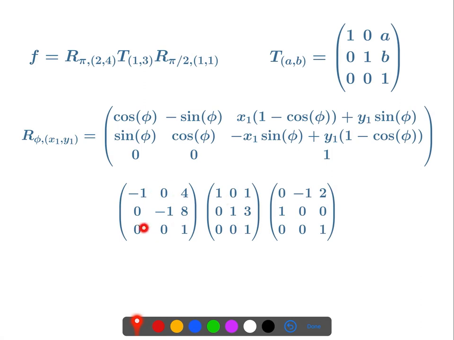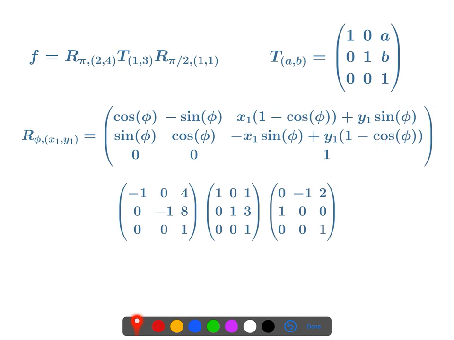The third and final matrix for this product is R sub pi of 2, 4 here, and so we're going to plug in pi. Cosine of pi is -1, so we have -1s here. Sine is 0, so we have 0s here. Of course, we have 0, 0, 1 like usual. And the only thing to look at then is the 4 and 8 here. With phi being pi again, this is going to be -1. 1 minus a -1 is 2, so we have 2 here, and we'll have 2 here.